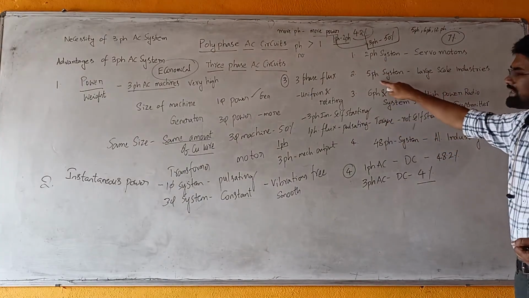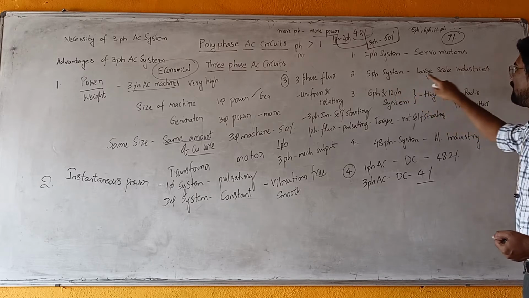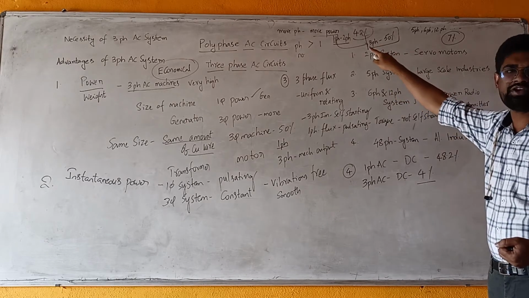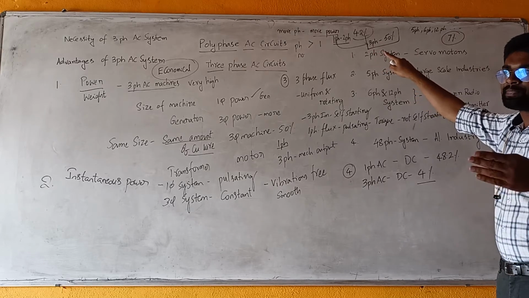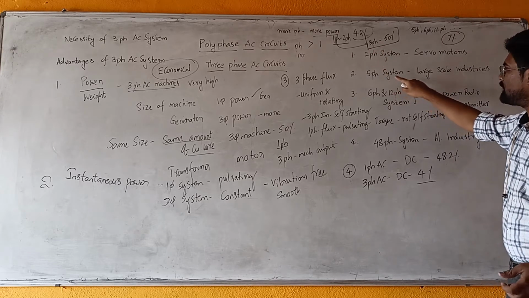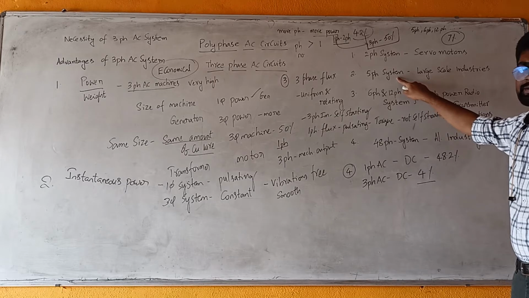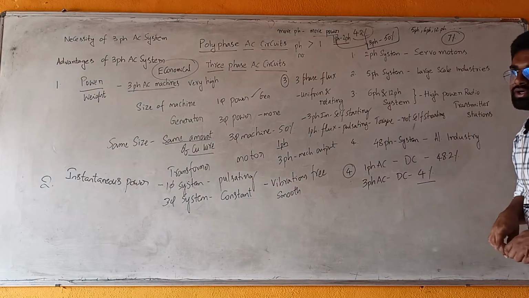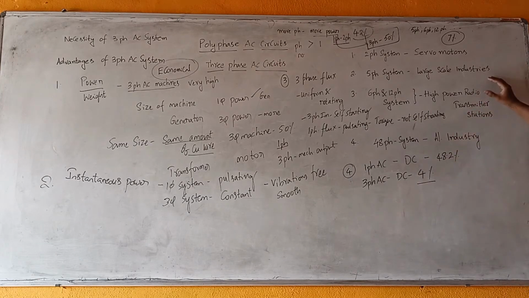Whereas the 5-phase AC system is used for large scale industries. If the 3-phase power is not sufficient, only in extreme severe cases we go for the 5-phase system. Next, 6-phase and 12-phase systems are also used, but they are used in high power radio transmitter stations.